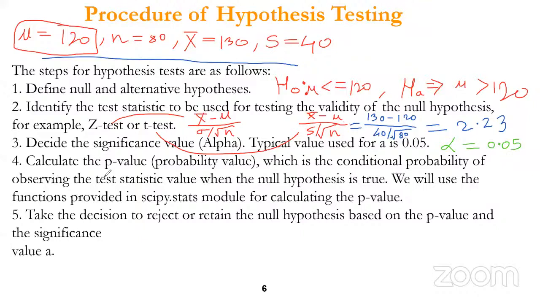Then using it, we need to calculate the p-value, right? Probability value. Now we'll use a code part for calculating this p-value, right? So in that calculation, we need to substitute this statistics value, right? And our data. And according to that, we'll calculate the p-value. Now, after we calculate p-value, that will be compared with the alpha value.